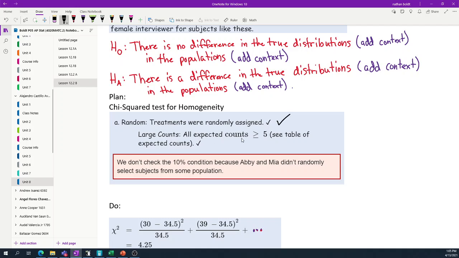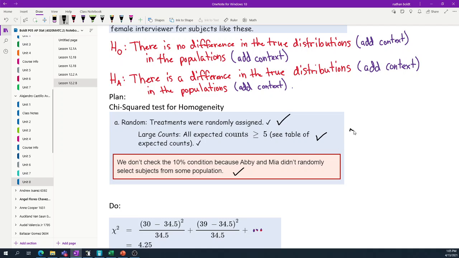All expected counts are greater than or equal to 5. That's the same as always. Ooh, we don't check the 10% condition, right? Because this is an experiment. We didn't actually take a random sample, so we don't need to do the 10% business. That's the same as always.